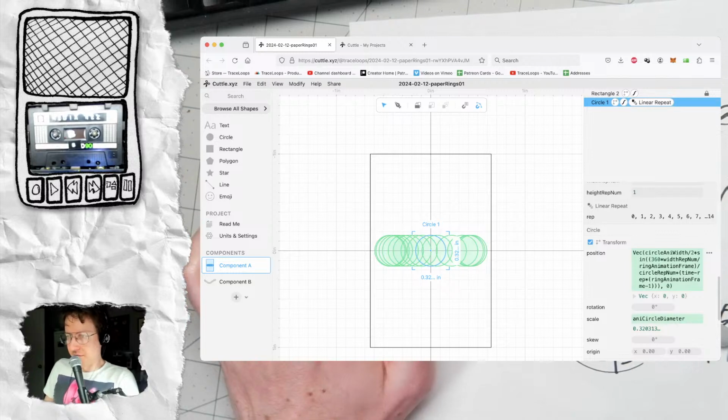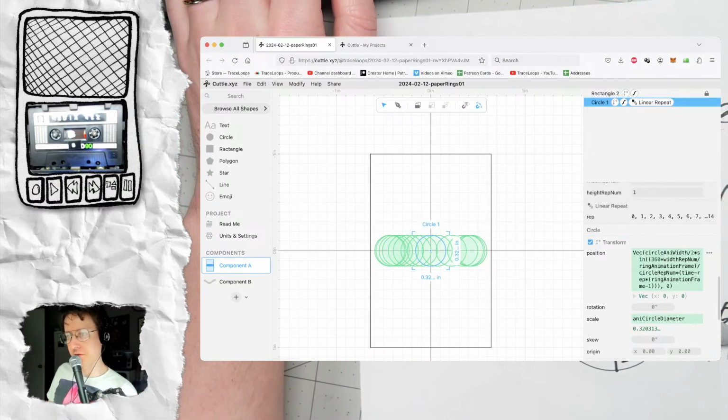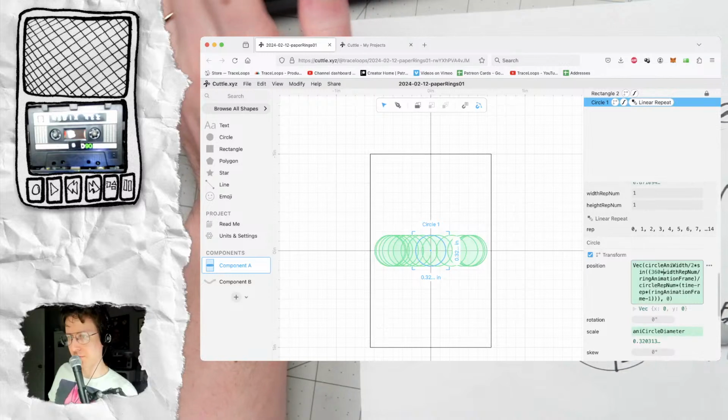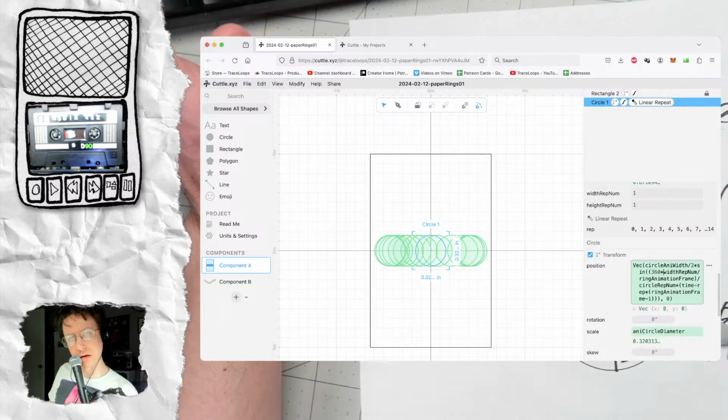Okay, why with 5 did it work? Circle with times sign times width rep number. Right now we're just dealing with 1. By ring animation frame, that's divided by 8. That gives us the thing there. Divided by the circle rep number should give us that instance.